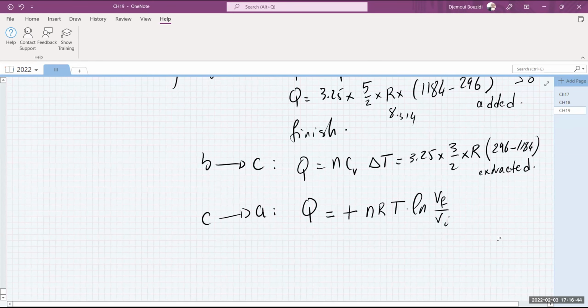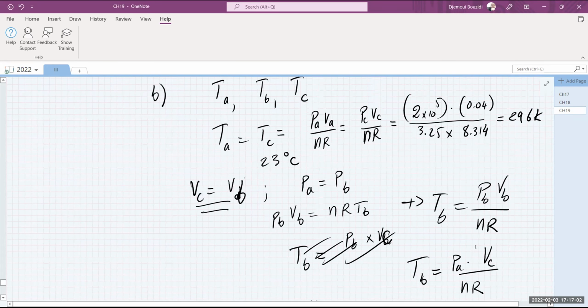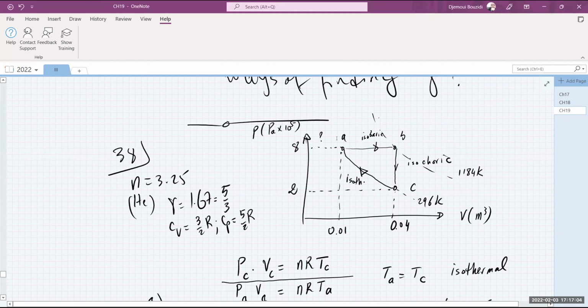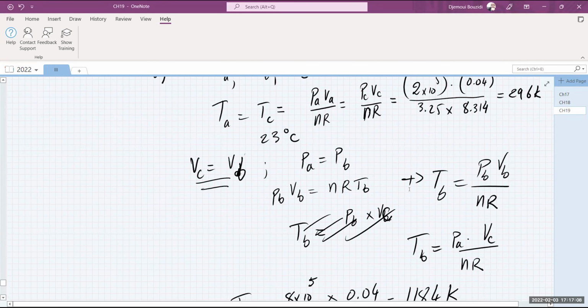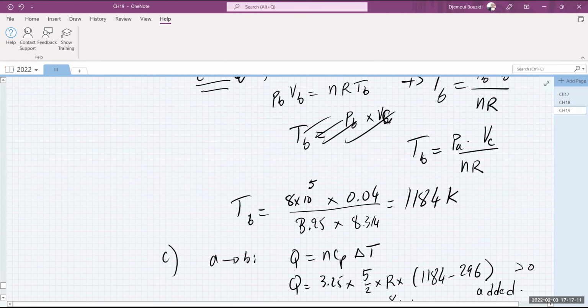So if I do this calculation, because this is an isothermal process, Q is n, which is 3.25, times 8.314 times the temperature. Temperature is 296. This process is at this constant temperature, 296. It's not changing.